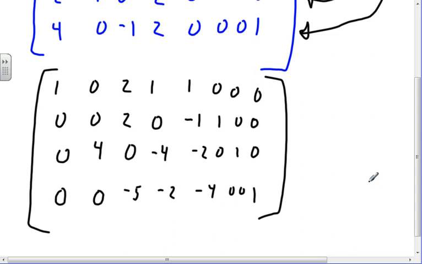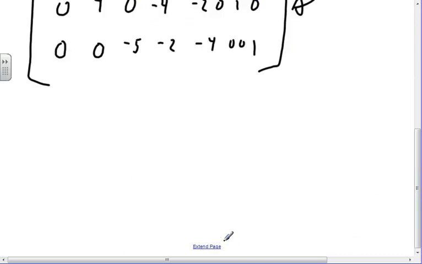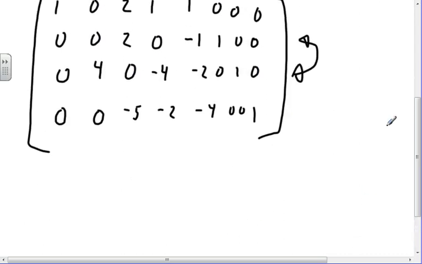All right. Then we're going to say, well, it would really be convenient if this 4 was up there, so I'm going to interchange rows. That's all I'm going to do. I'm just going to interchange rows. Well, and I'm going to multiply by 1/4 while I'm doing it. Okay, so I'm going to have 1, 0, 2, 1, 1, 0, 0, 0.